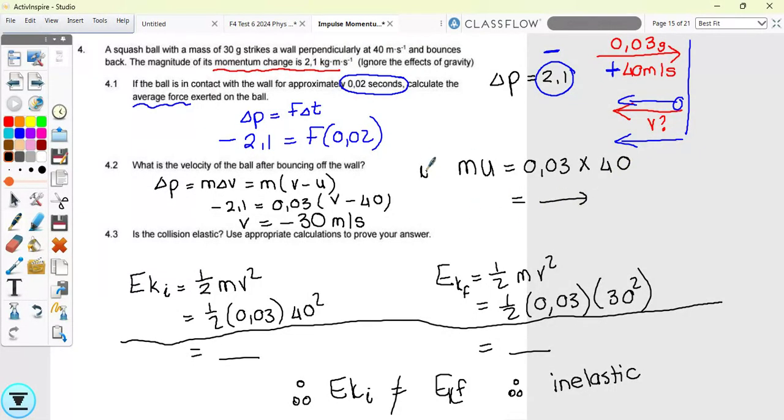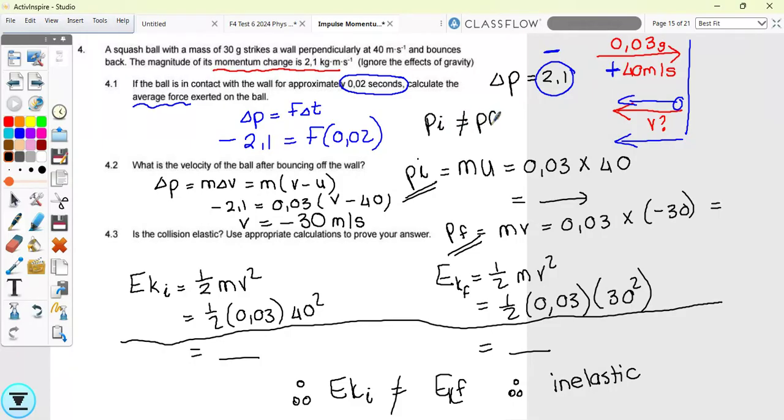So this is momentum initial, and it's to the right. Now we're going to say momentum final is equal to mv, which is 0,03 times minus 30, which is equal to whatever the answer is. But you can clearly see that momentum initial is not equal to momentum final.